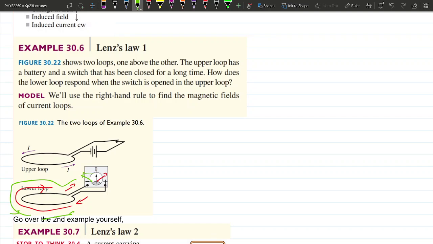So let's figure this out. I have a battery source here, and since this is the positive side of the battery, I know the current on this loop is going to be flowing to the right. Once we close this switch, it's going to create a current going this way. If you have a current in this loop going this way, it's going to create a magnetic field inside the loop going upward.